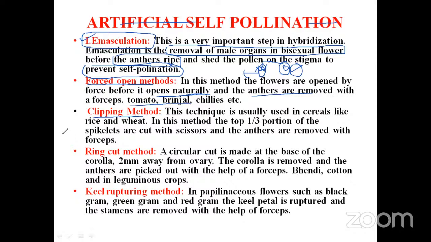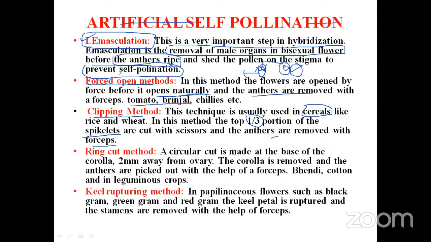The clipping method is usually used in cereals like rice, wheat, and bajra. In this method, the top 1/3 portion of the spikelet, spikelet meaning inflorescence, is cut with scissors and the anthers are removed with forceps. All these methods come under the emasculation process, the removal of male organs to prevent self pollination.